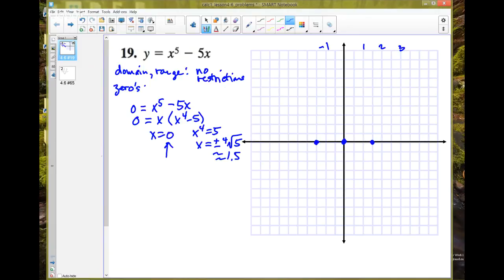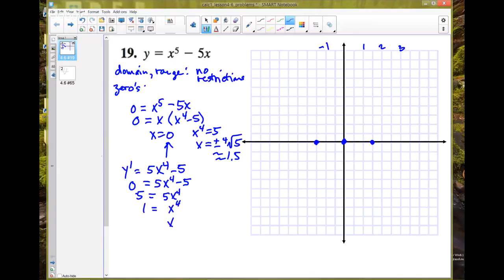All right, let's do a little derivative work. What's y prime? 5x to the 4th minus 5. And when is that equal to 0? 5x to the 4th equals 5, so x to the 4th equals 1.